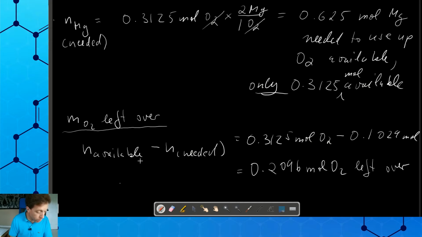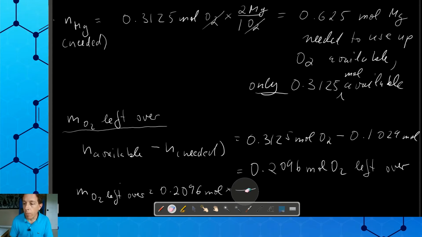Now we can convert those to grams, so we then have the mass of oxygen left over. And this then is 0.2096 moles, multiplied by 32 grams per mole.